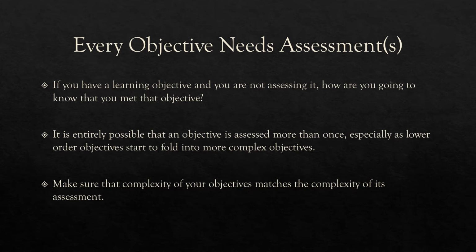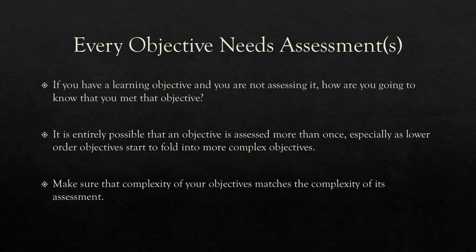So be open to that. Writing assessments can often give you insight into your objectives that you didn't have at the time. So be open to going back and reworking those objectives, adding to them, taking away, increasing or decreasing complexity, so everything fits together in a way that makes sense.